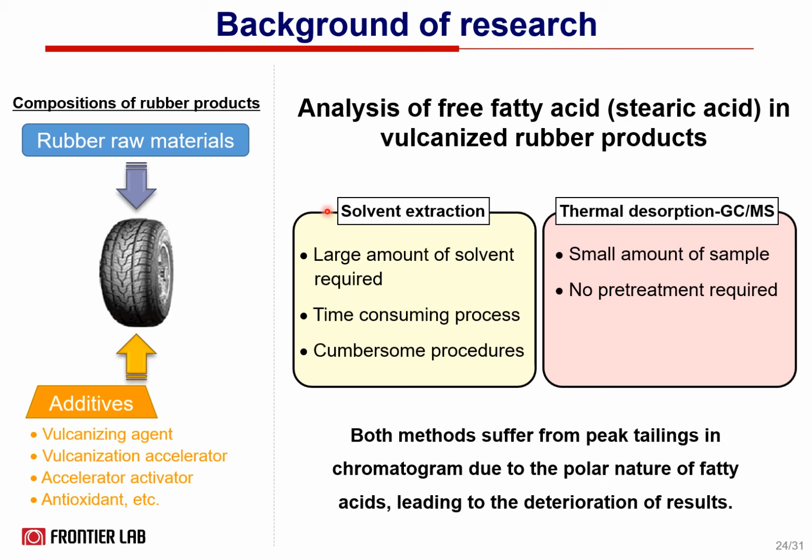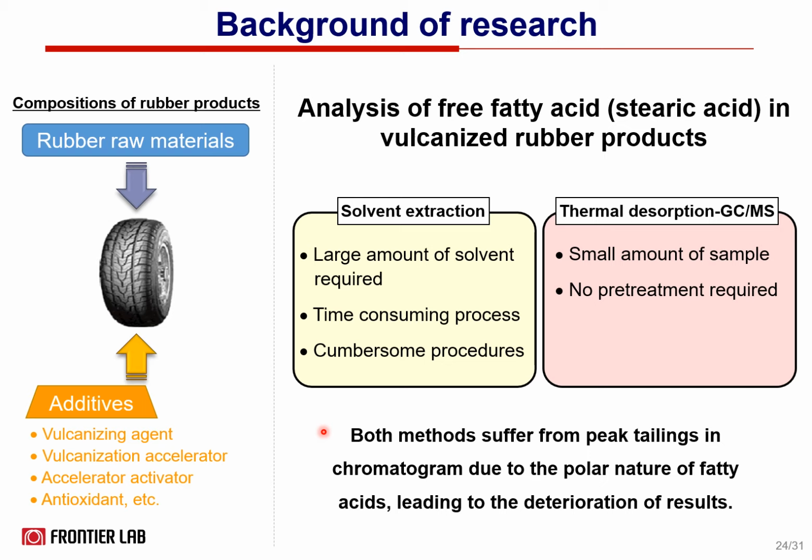The solvent extraction method, a common method for analyzing stearic acid in vulcanized lava products, has these drawbacks. On the other hand, the thermal desorption GCMS method has the advantages of being able to analyze a small amount of sample and not requiring complicated pretreatment.